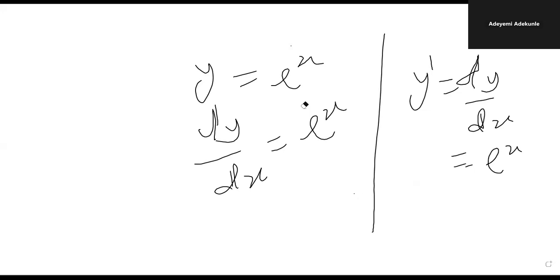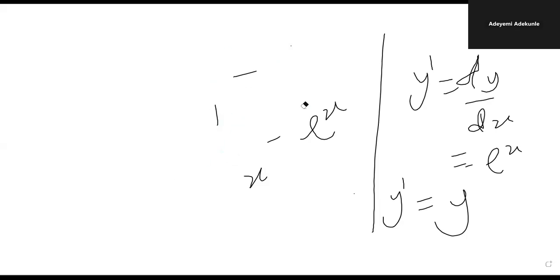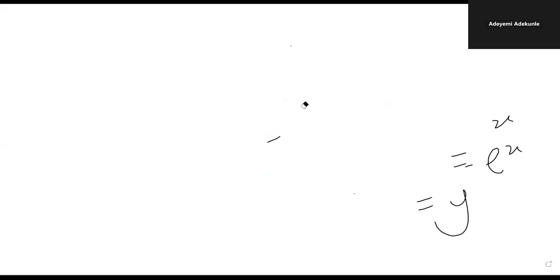Now, if you notice, e raised to power x is the actual question that we have. So we can say that y prime is equal to y, because y prime and dy dx have the same answer. So anytime you differentiate exponent of x, the answer is always exponent of x. I believe you are following me.